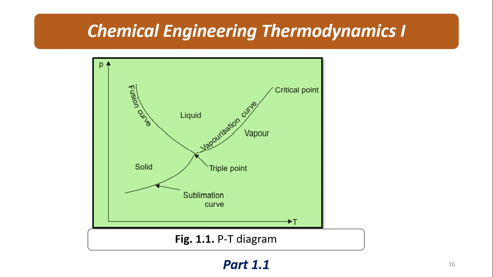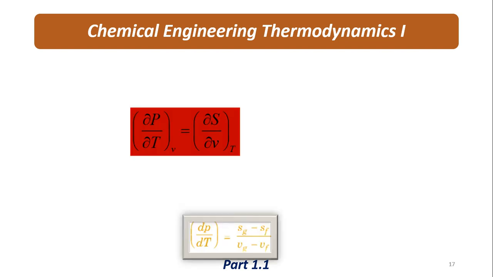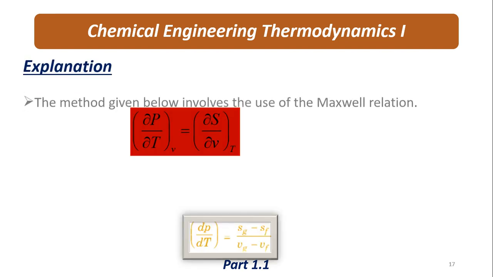This is the pressure-temperature diagram, at the stage where the solid and the liquid are in contact and form an equilibrium. Let us start the explanation. The method given below involves the use of Maxwell relations.